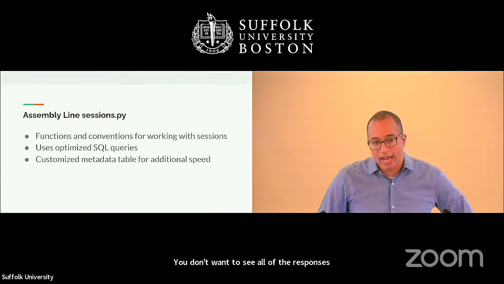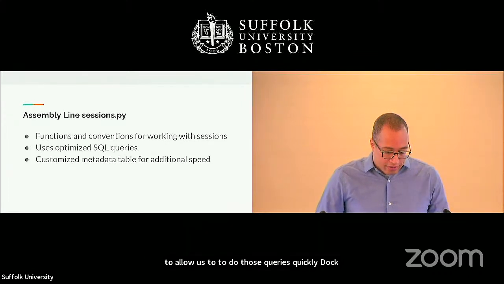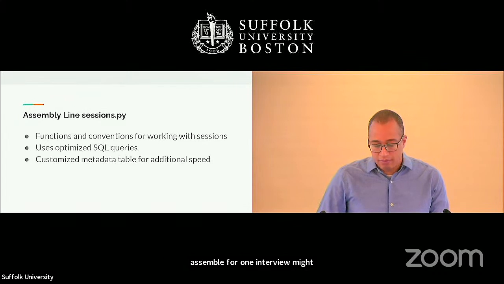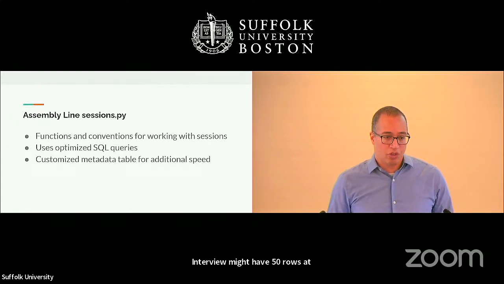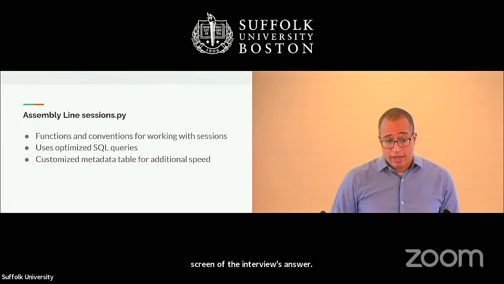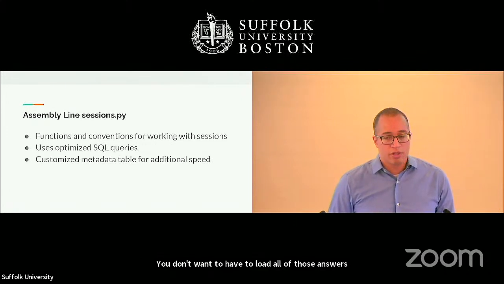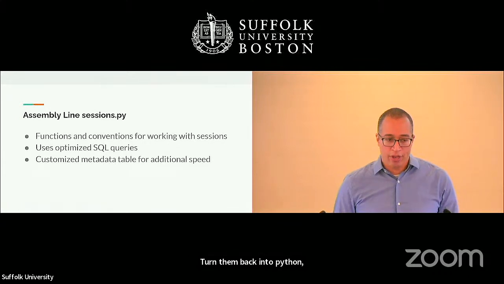So in order to allow us to do those queries quickly: Docassemble for one interview might add 30 or 40 rows, maybe a longer interview might have 50 rows, that each represent every screen of the interview's answers. You don't want to have to load all of those answers, decrypt them, and turn them back into Python objects in your interview before you can filter them.